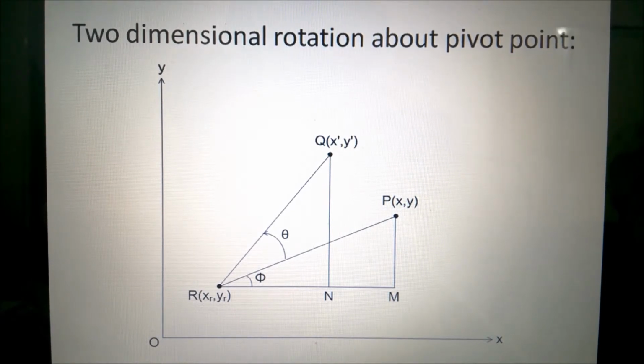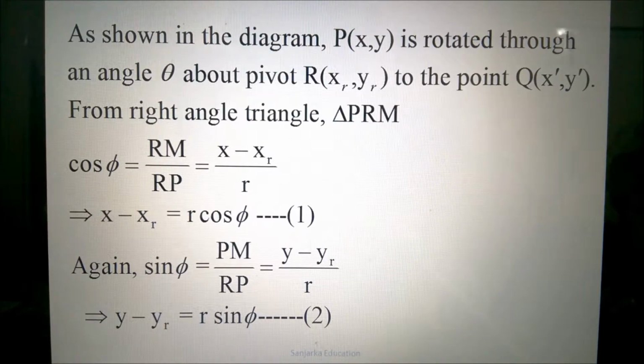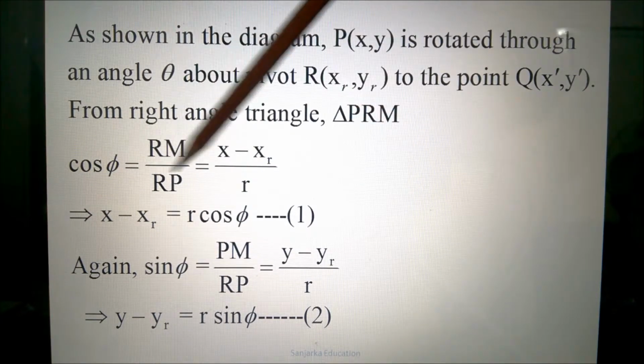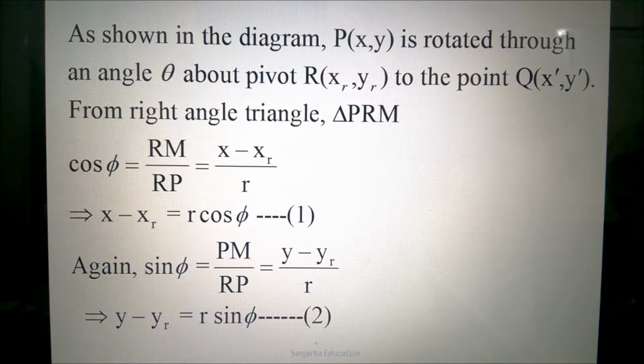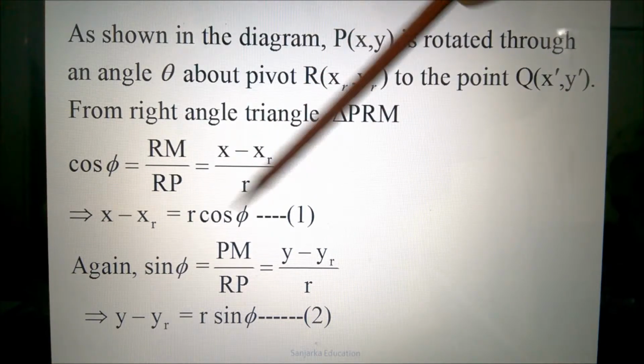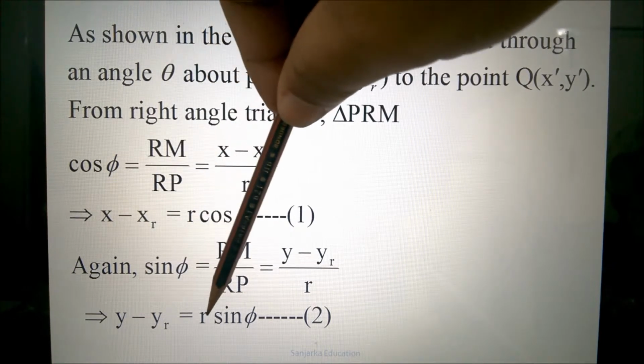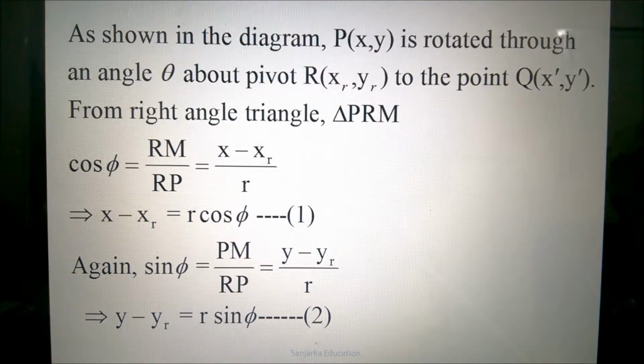With this concept, from the right angle triangle PRM, cos phi equals x minus xr divided by r. In this way, r cos phi equals x minus xr, and I am representing it in equation number 1. Similarly, y minus yr can be represented as r into sin phi.